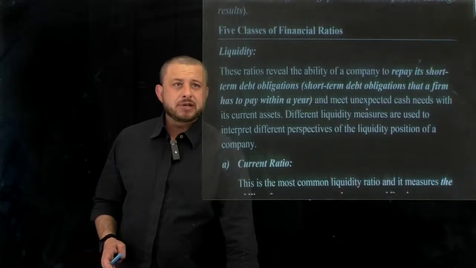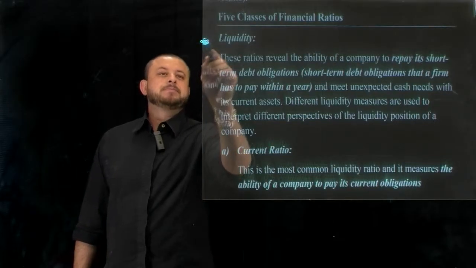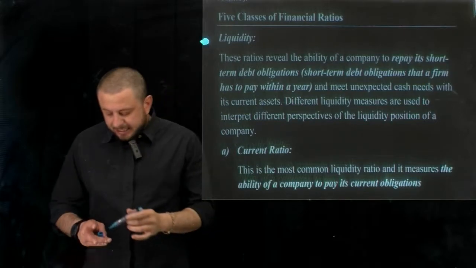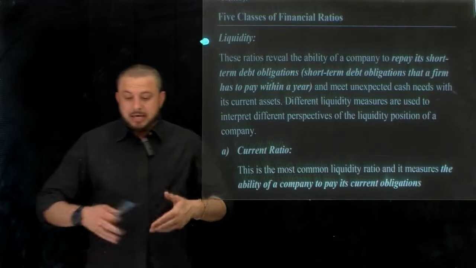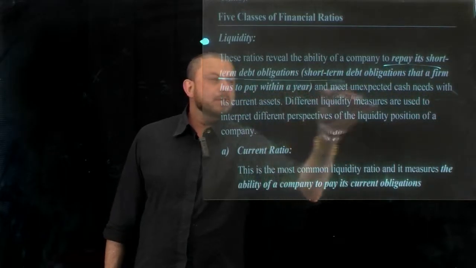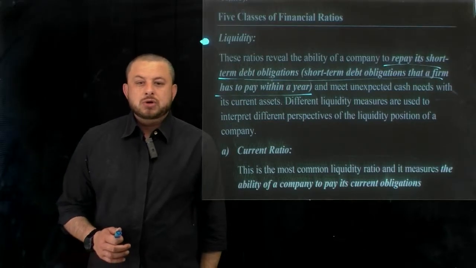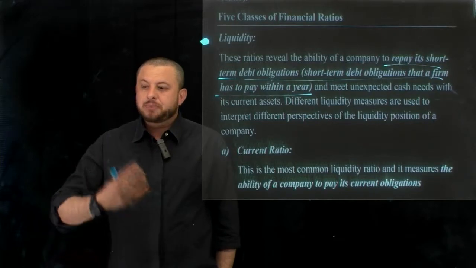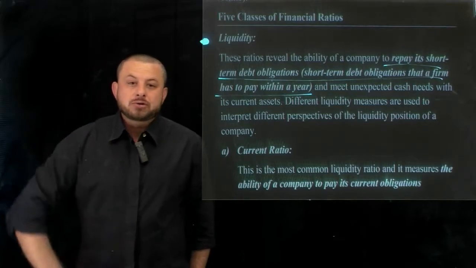Okay, guys, we talked about 5 classes of different ratios. The first one is liquidity. What is it? Liquidity shows the condition where a company is able to pay its short-term debt obligations with its short-term assets.